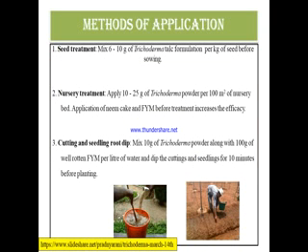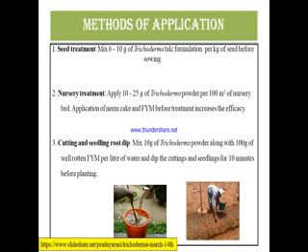These are the different methods by which you can apply this bioagent. First is the seed treatment. Mix the talc formulation per kg of seed 6 to 10 gram before sowing. Nursery treatment, cutting and seedling root dip method.